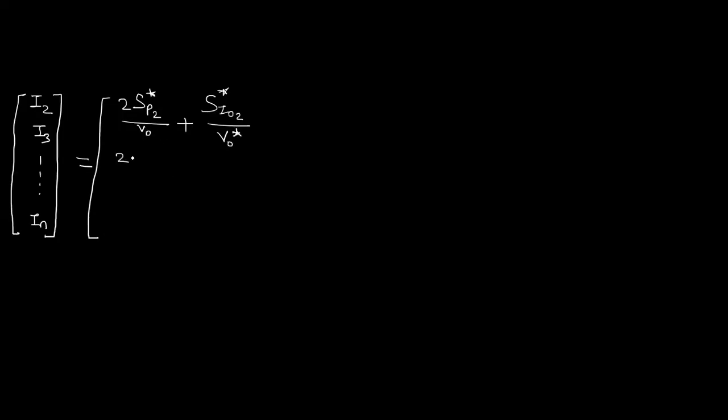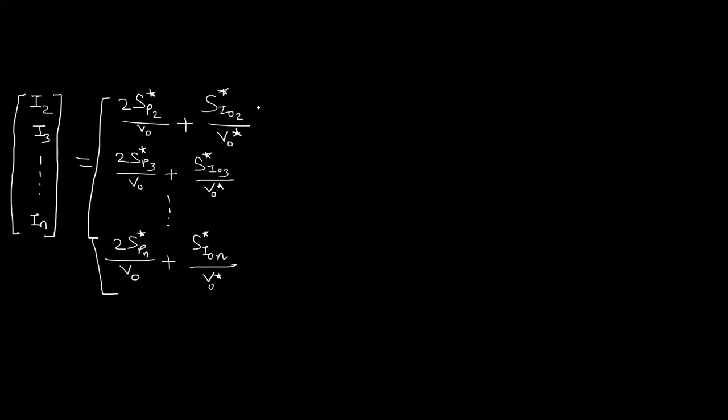Similarly, corresponding to bus number 3, we have SP3 star by V naught plus S I0 3 star by V naught conjugate, and so on up to n number of buses. So here we have SPn. So this is for nth. So this is a constant matrix.